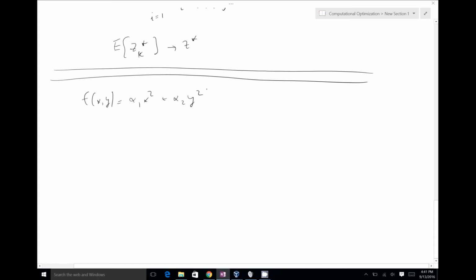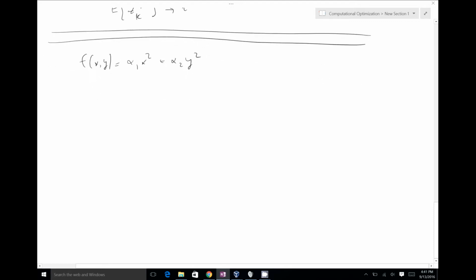These are the kinds of parabolas we're going to work with on your homework assignment. They're slightly less general than the most general parabolas, but they look like this: some coefficients times x squared and some coefficients times y squared. So who can tell me what the gradient of f of x, y is? 2 alpha 1 x, 2 alpha 2 y, okay?